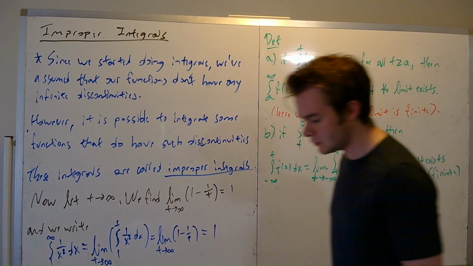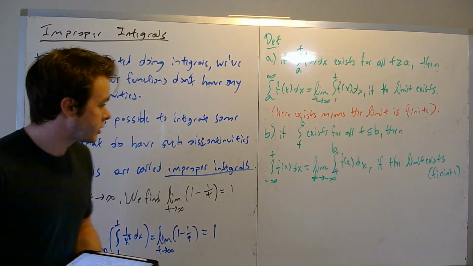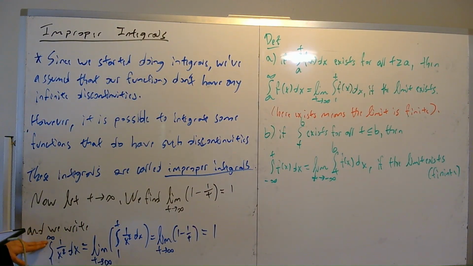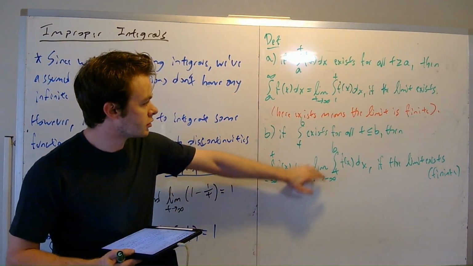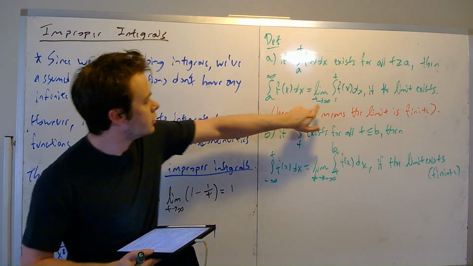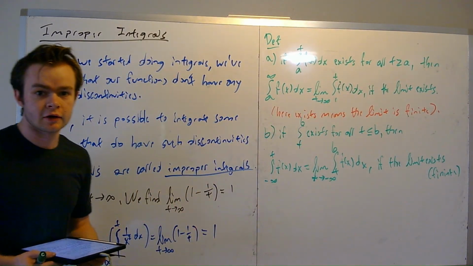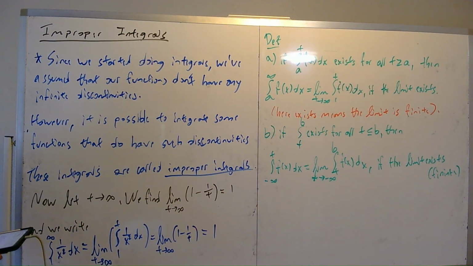Right. So whenever we have these integrals with either infinity or negative infinity, we can use this to rewrite our integral with this limit in front. And that actually helps us to be able to solve the integral.